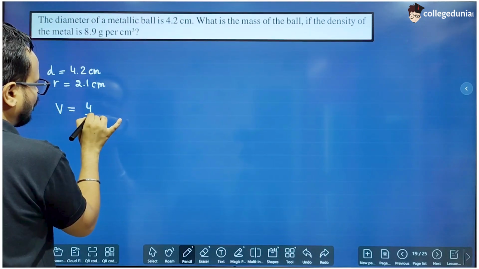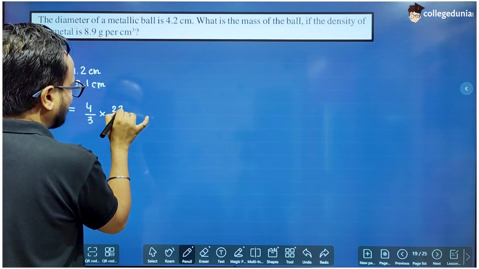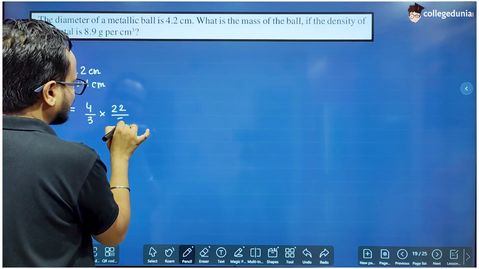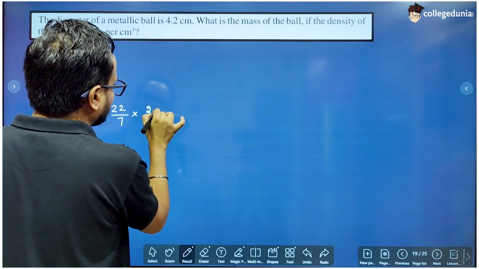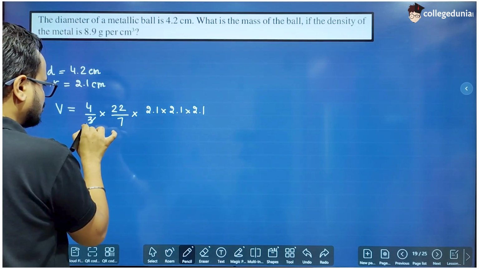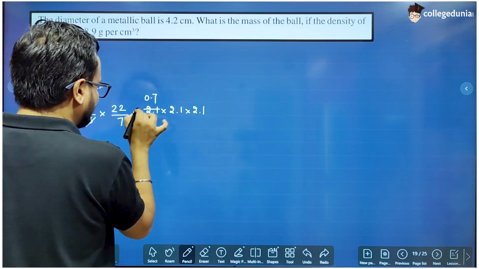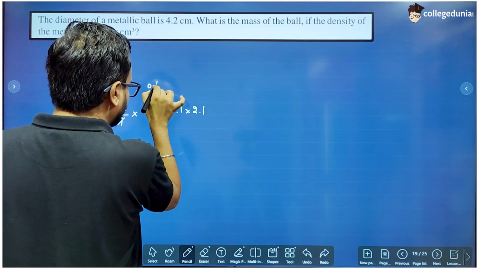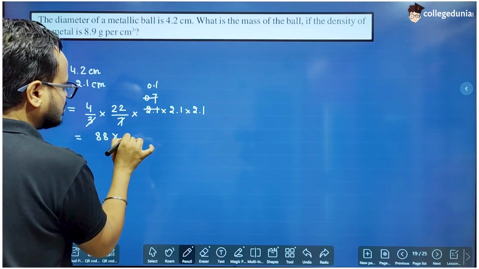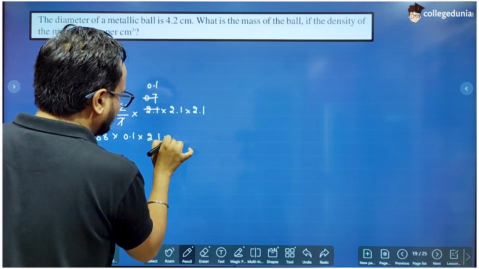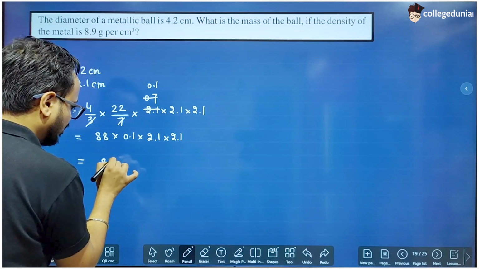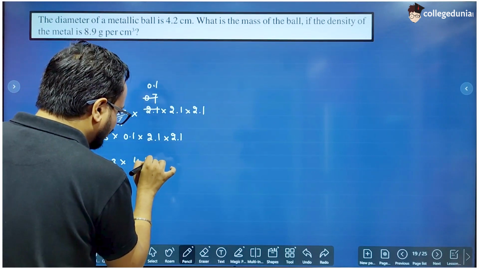Volume of the ball is 4 by 3 pi r cube. So 3 into 0.7, 7 into 0.1. So it is 88 into 0.1 into 2.1 into 2.1. 88 into 0.1 is 8.8, and this is 4.41.